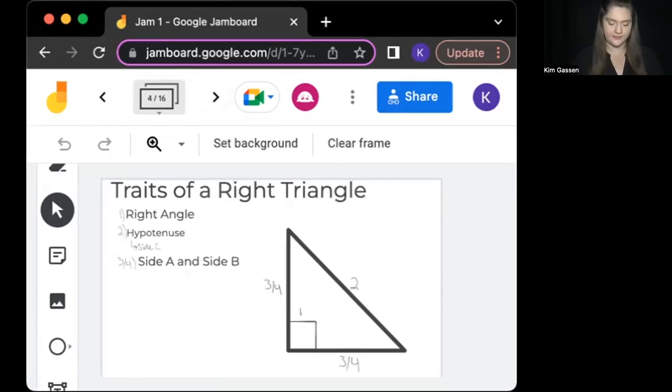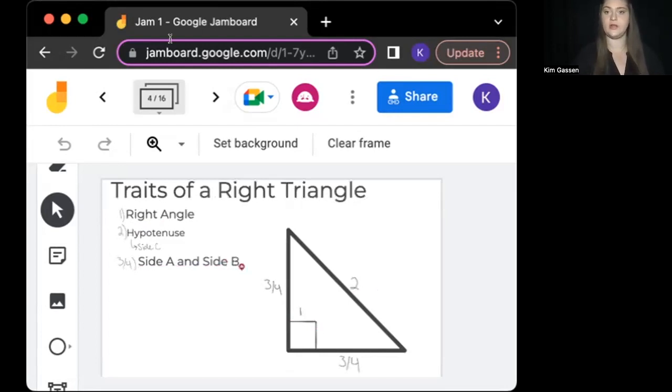The first thing is your right angle. Then your right angle will show you where your hypotenuse is. And then once you get your hypotenuse, you can label your sides A and B.